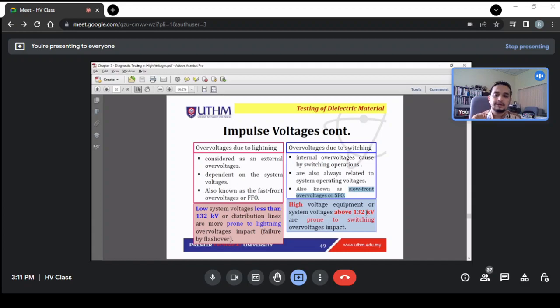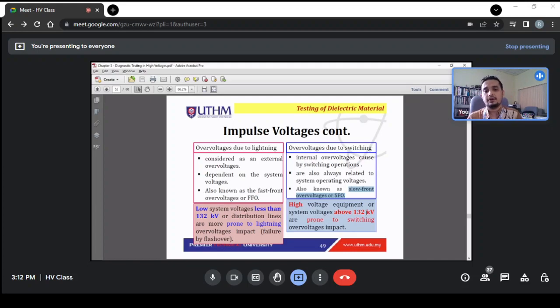For systems less than 132 kV, they are prone to lightning strikes because the insulation and protection devices are meant for 132. So when lightning strikes, the system is unable to sustain the very high voltage from the lightning. That's why a low power system, lower than 132 kV, is prone to failure due to lightning strike.